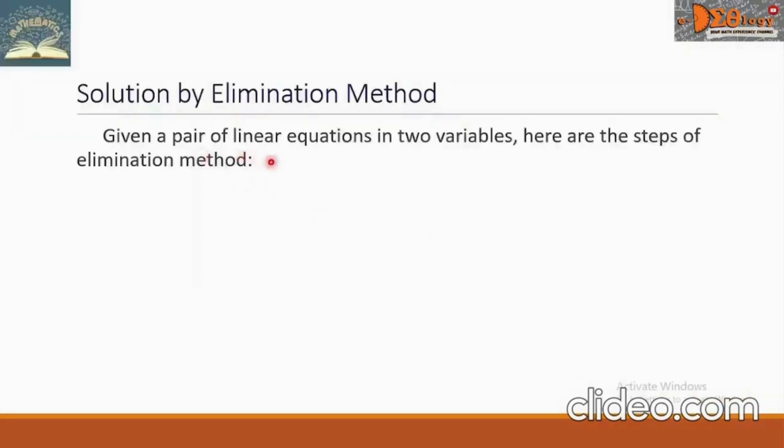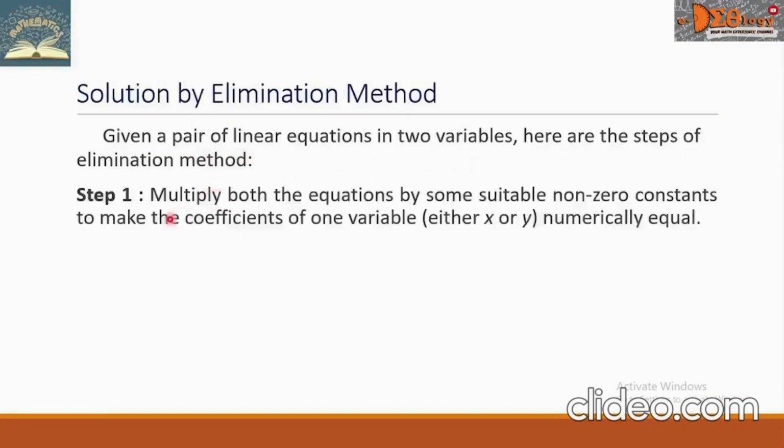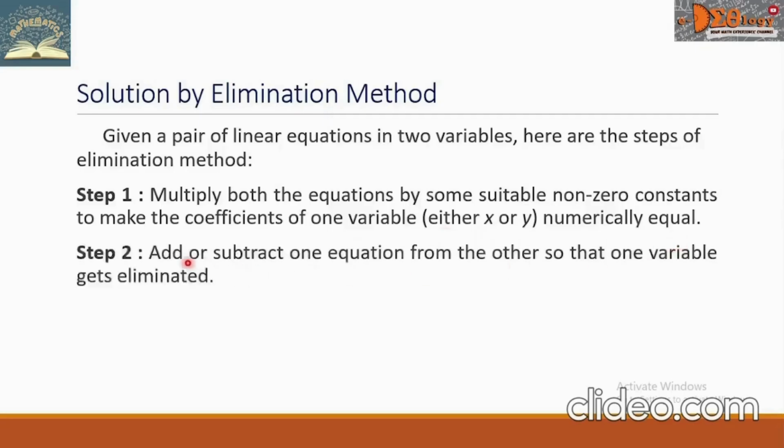Given a pair of linear equations in two variables, here are the steps of the elimination method. Step 1. Multiply both the equations by some suitable non-zero constants to make the coefficients of one variable, either x or y, numerically equal. Step 2.